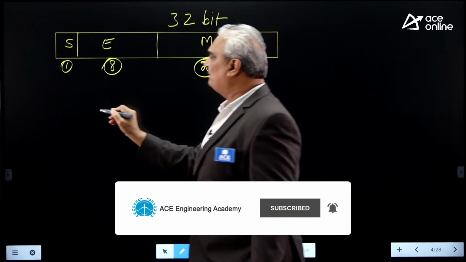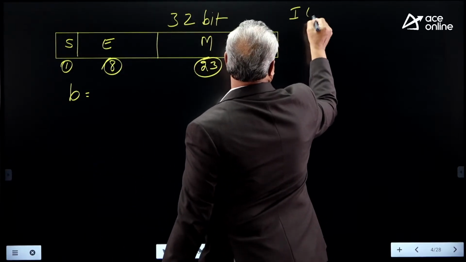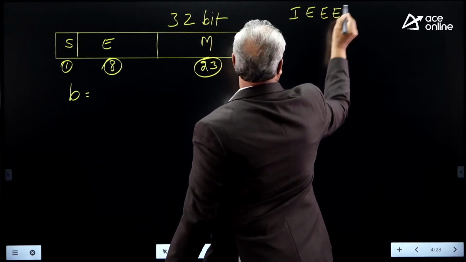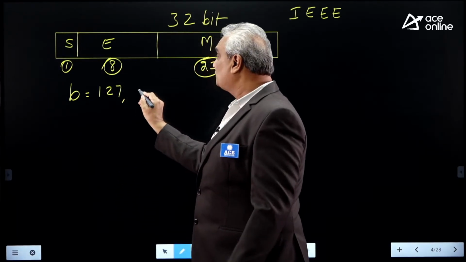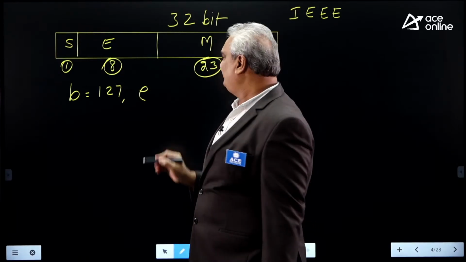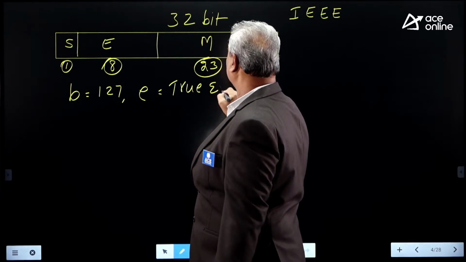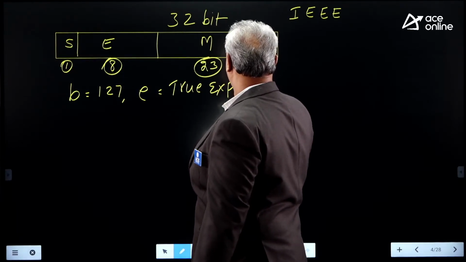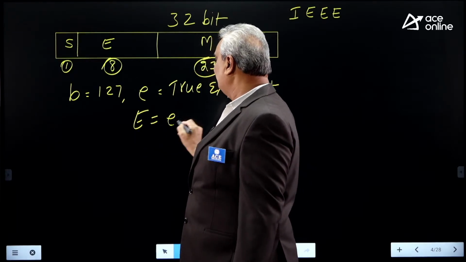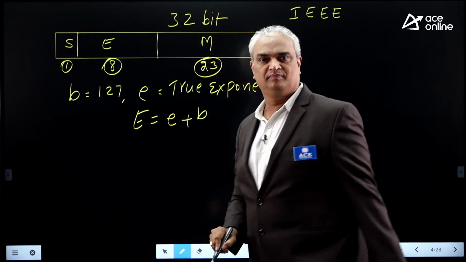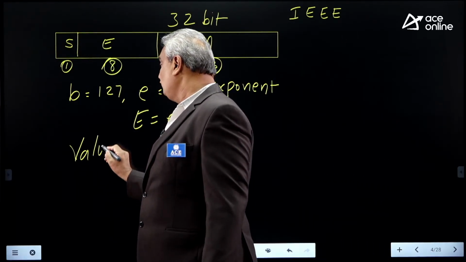What about the amount to be biased? In the IEEE standard single precision, the biasing amount is 127. What is small e? The true exponent. What is capital E? The biased exponent. Capital E is small e plus b. What about the value expression, meaning how to find the decimal value?